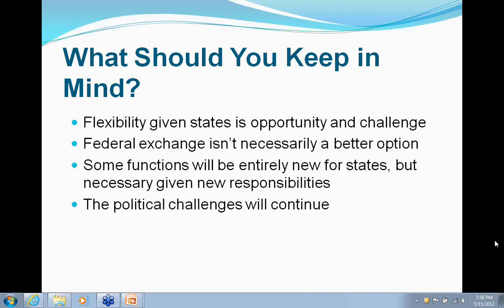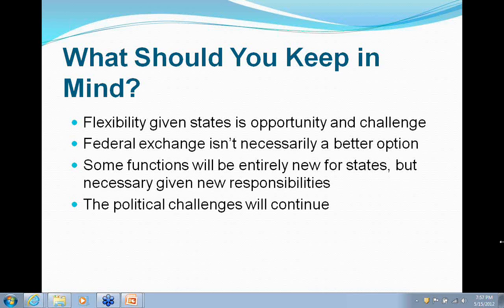And the political challenges that have made this difficult to date will continue. You all know, of course, about the Supreme Court decision that's due at the end of June. But there's some concern that even when that's resolved, if the law is upheld and, technically, legally, states are free to move forward, we still have the fall elections to get through, and some states will still pin their hopes on everything changing in the White House and Congress, that they won't have to comply with this if they just wait a little bit longer.